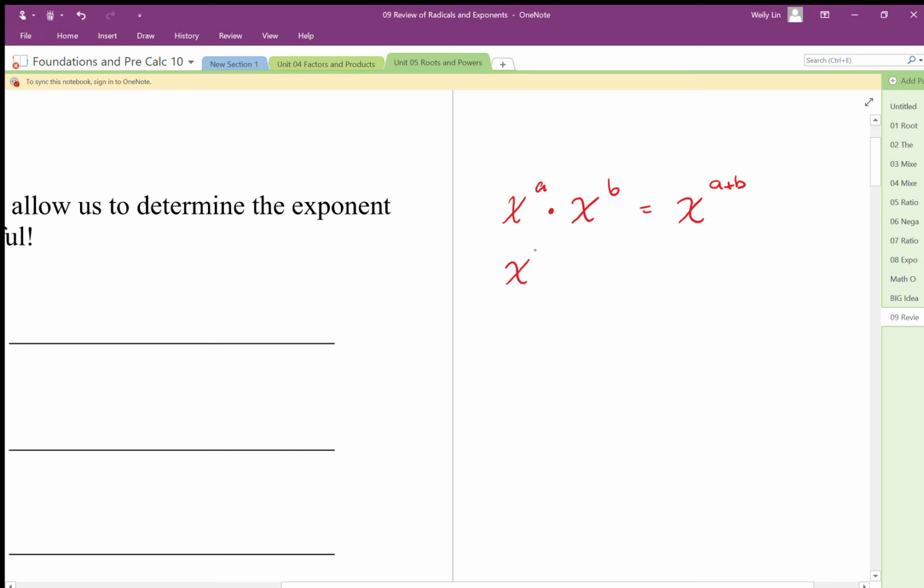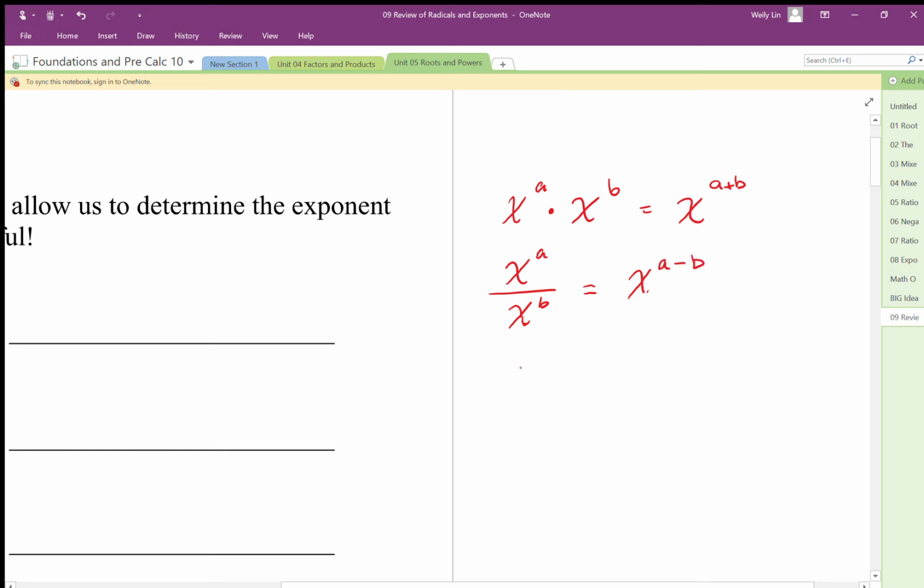If we divide exponents of the same base, and again the bases have to match, we can take away the division from the multiplication and subtract exponents.